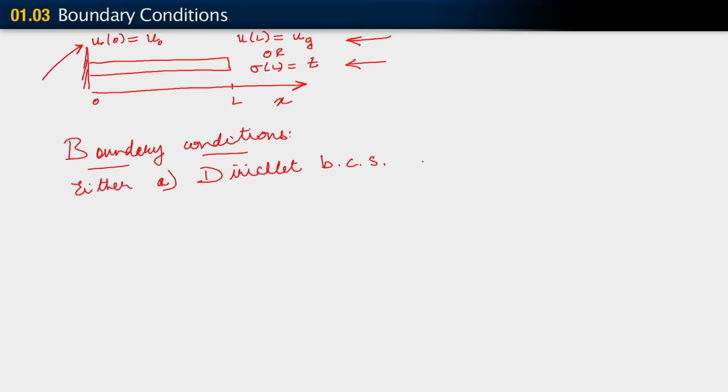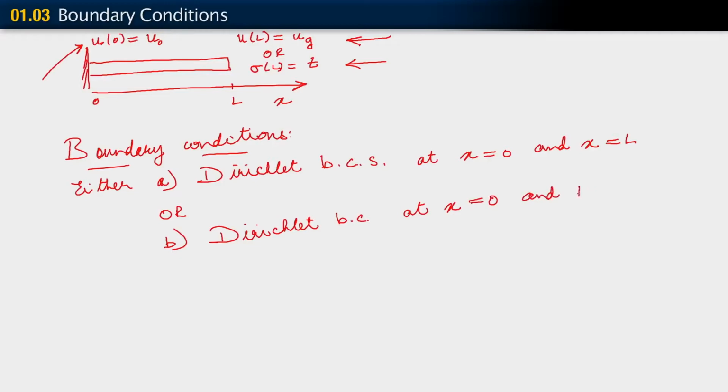So either we have Dirichlet boundary conditions at x equals 0 and x equals L, or B, Dirichlet boundary condition at x equals 0 and Neumann boundary condition at x equals L. It turns out that in case B, we could actually have flipped things around, which is that we could have had the Dirichlet boundary condition at x equals L and a Neumann boundary condition at x equals 0. That would not pose a problem.